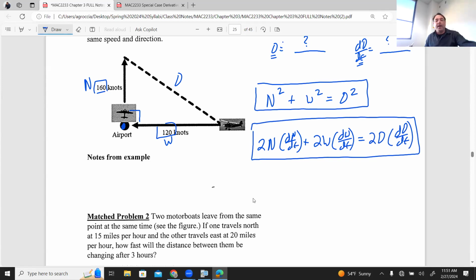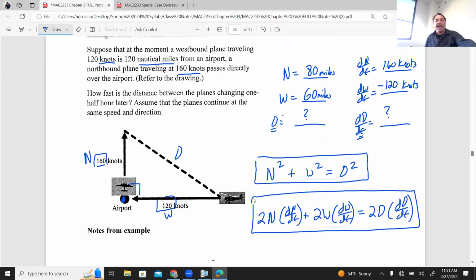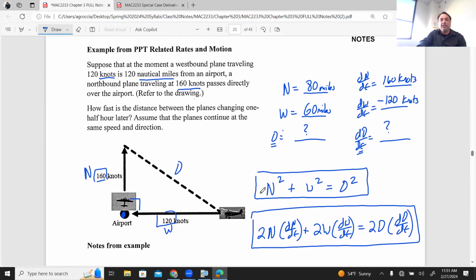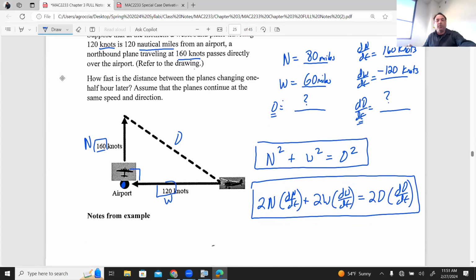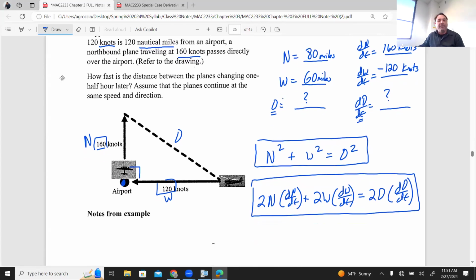Now, notice I have all the pieces that I need. For example, I have n, perfect. I have w, perfect, but I don't have d. I can use the first equation to find d.